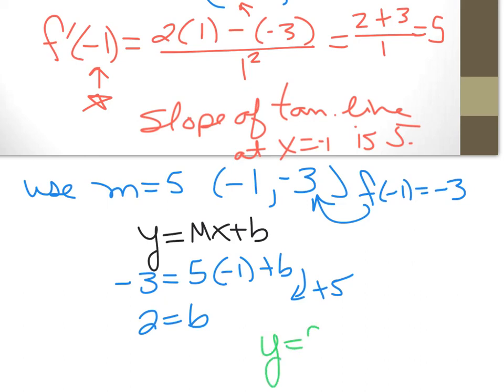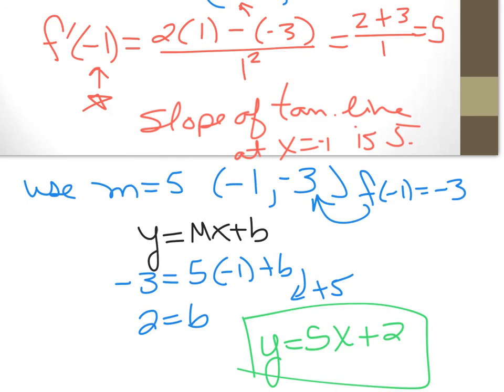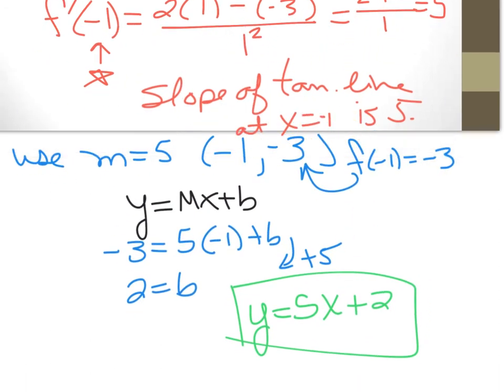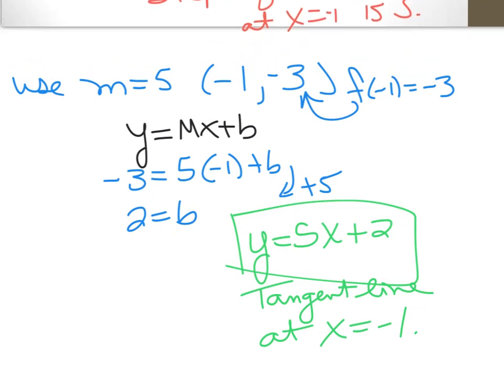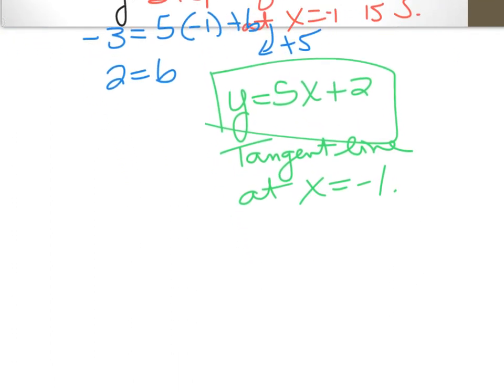Y equals the slope times x plus the y-intercept. So that's the equation of that line, and let's go ahead and just write real quickly what that is. That's the tangent line at x equals -1.